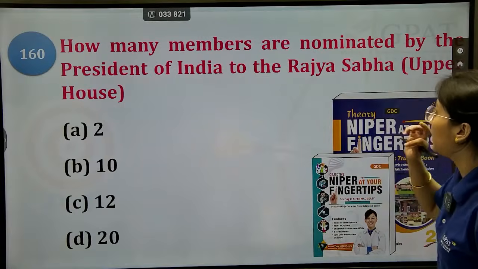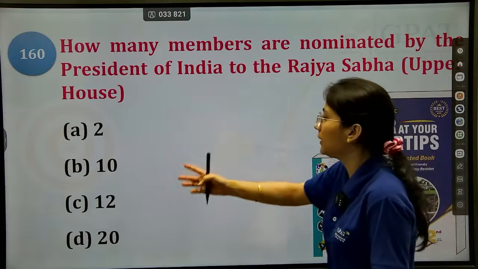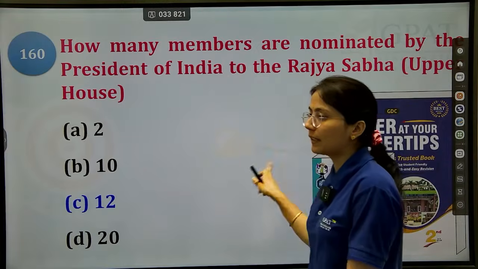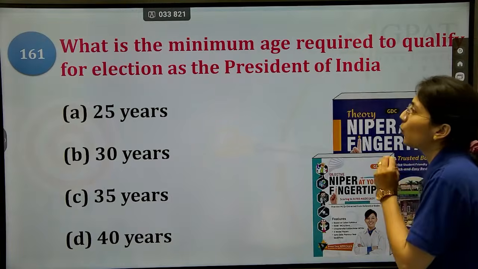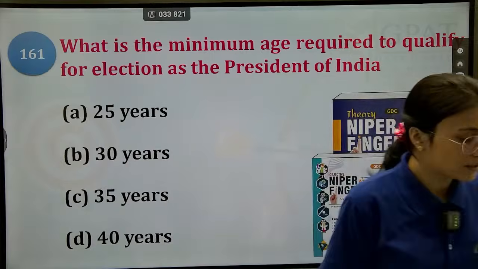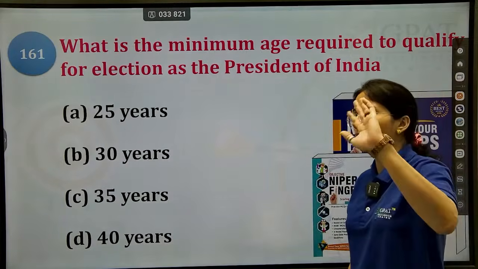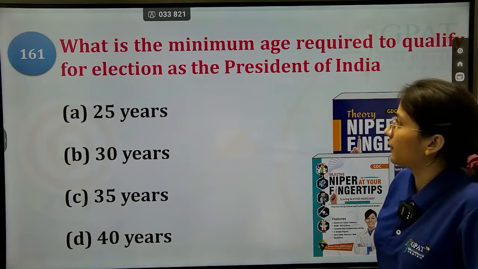Okay, now how many members are nominated by President of India to the Rajya Sabha? That is 12. Option number C is correct. Now move to the next question. What is the minimum age required to qualify for election as the President of India? All you know, you have studied from your class 8, 9, 10th. So the minimum age is what?